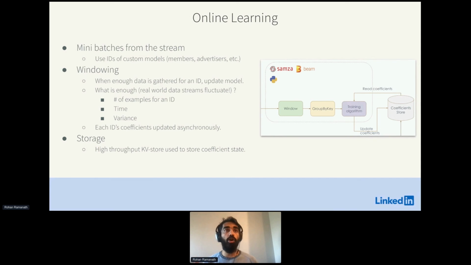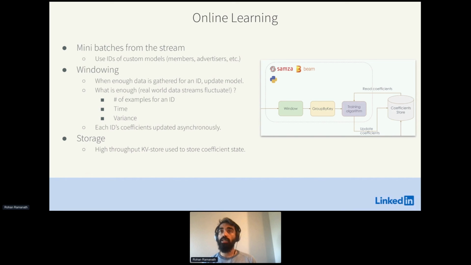And you could use any combination of these to close the windows and start training. Most of this is written as Apache Beam processors, and it allows us to train these large number of models asynchronously and in parallel. Now, it's important that it is asynchronous because different advertisers can have different loads coming in.